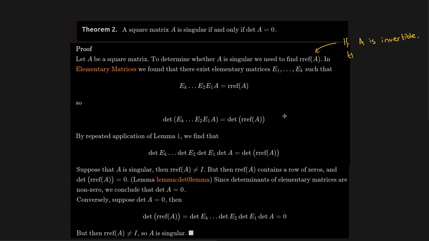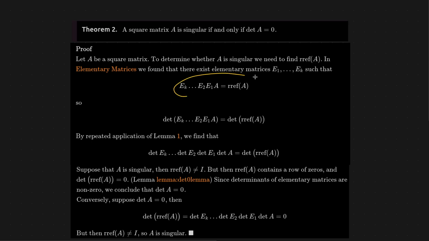All right, so how do we actually go about finding the reduced row echelon form of a matrix? Well, we need to apply elementary row operations. Specifically, there exists a set of elementary matrices such that if we multiply matrix A by these elementary matrices, we can get the reduced row echelon form of A, because multiplying by an elementary matrix is the same as applying an elementary row operation.